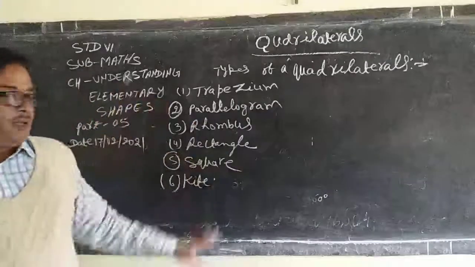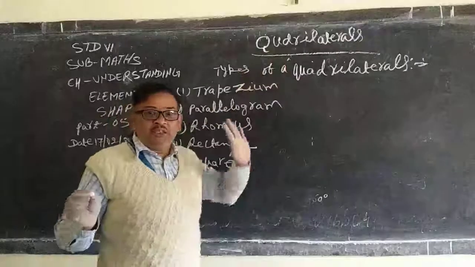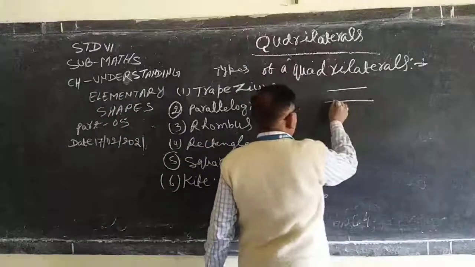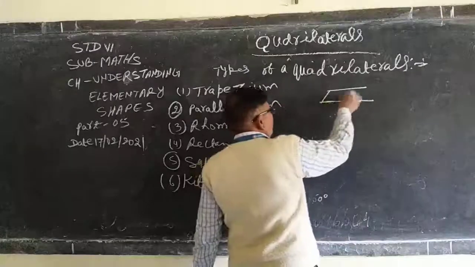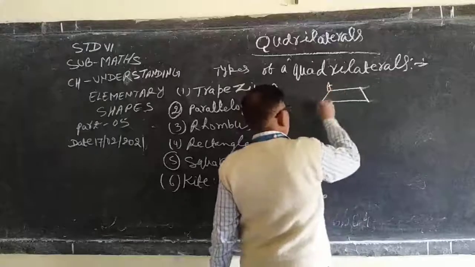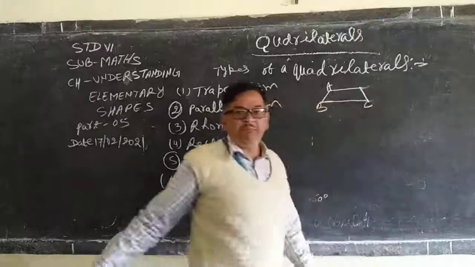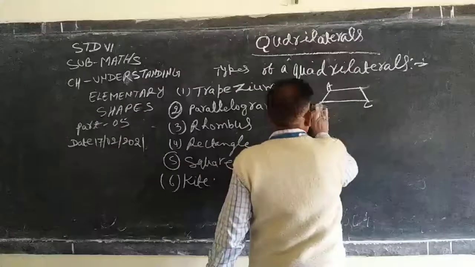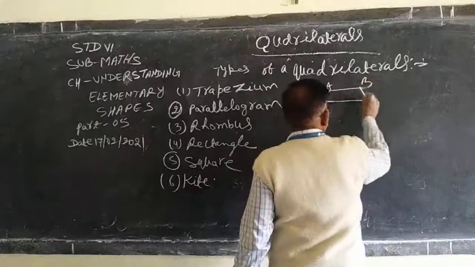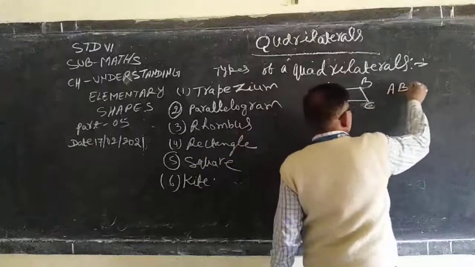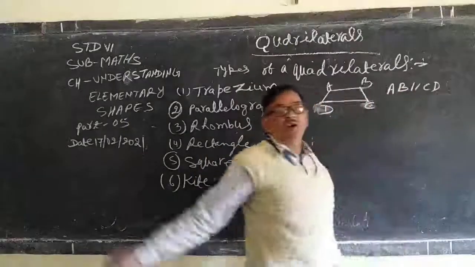Please listen. In the diagram I am showing you a trapezium. In this, one pair of the sides are parallel. ABCD is a trapezium. AB is parallel to CD, but not equal.